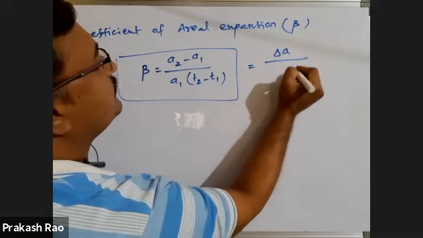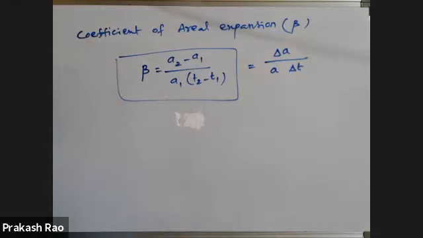The ratio of increase in area per 1 degree centigrade rise of temperature to its initial area is called the coefficient of areal expansion.